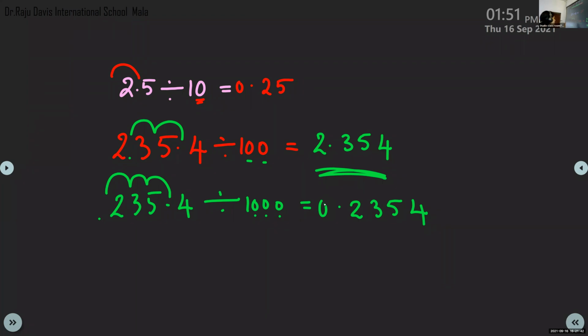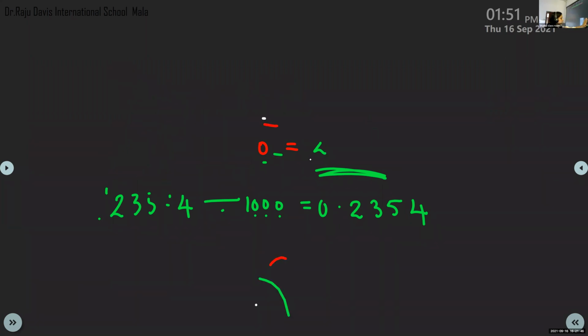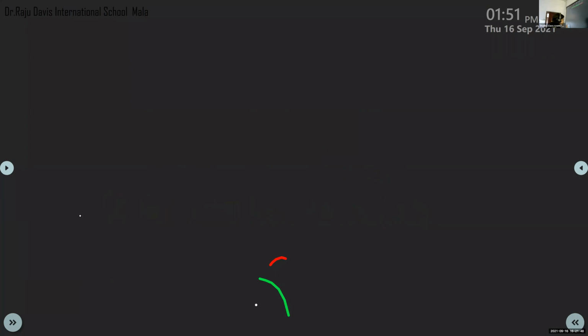And another thing I'll tell you: if the decimal places given are not enough, what to do? That is, the numbers given are not enough. For example, 23.4 divided by 1000. What will you do?